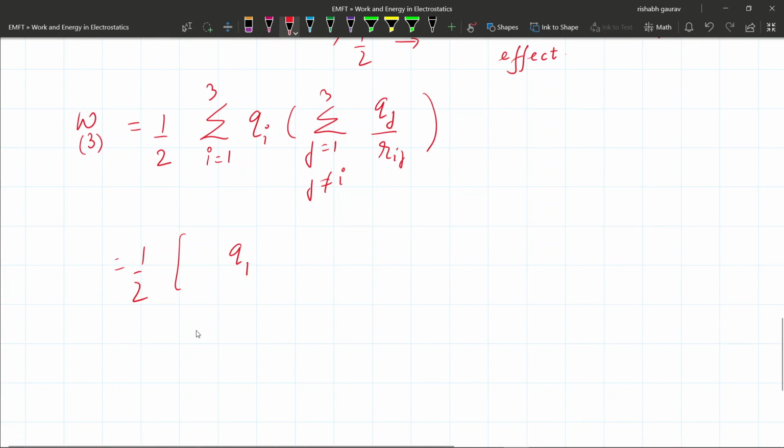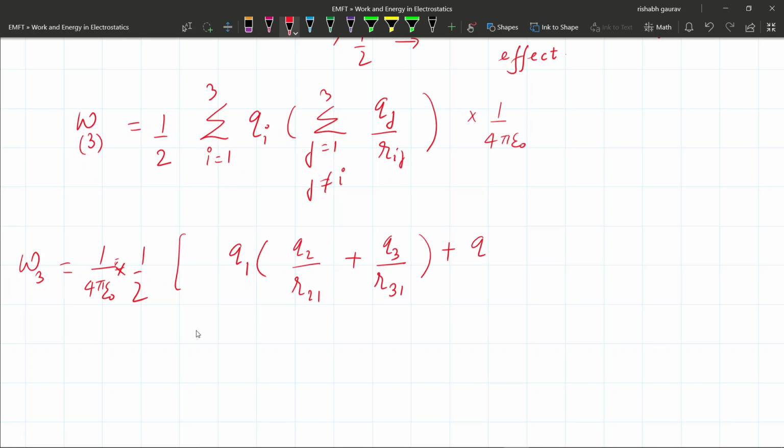In q1 it will be q2 by r21, and let us take this 1 by 4 pi epsilon naught, let me write here 1 by 4 pi epsilon naught multiplied by, now plus q3 by r31.